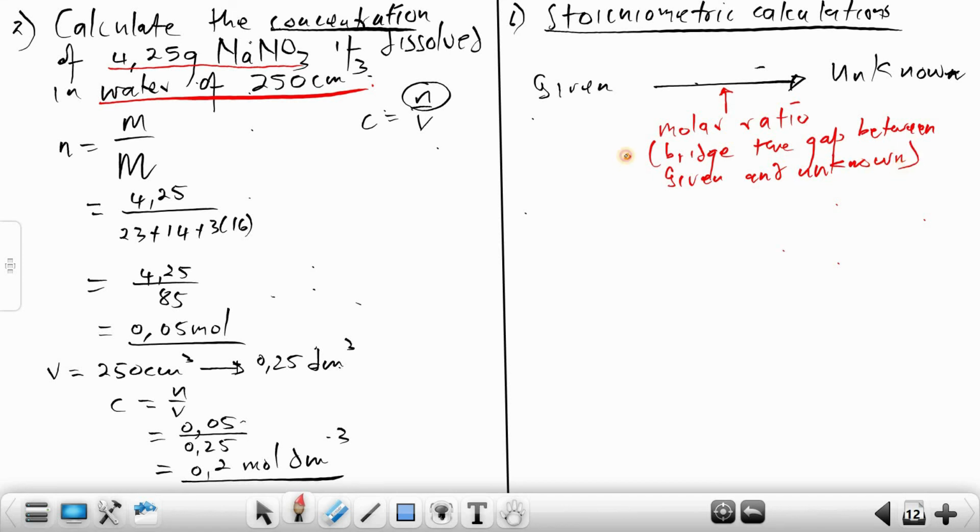That is important for us to understand. Secondly, where do I get this molar ratio? I get the molar ratio from the balanced chemical reaction.